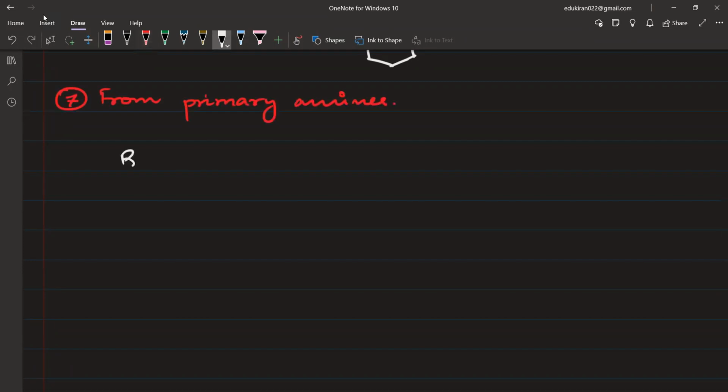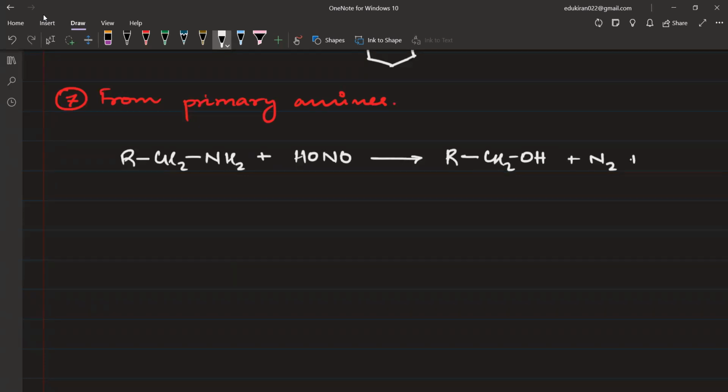So when primary amines, that means R CH2NH2, react with HONO, nitrous acid, it gives me R CH2OH, 1 degree alcohol, plus nitrogen gas, plus water. Yes, water.